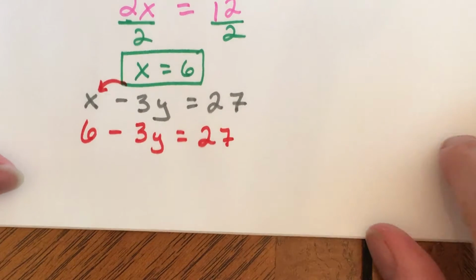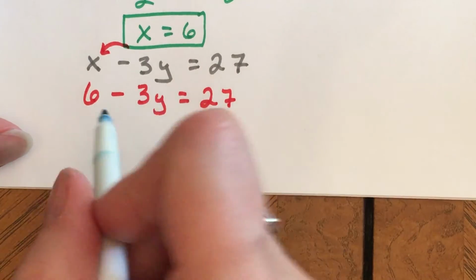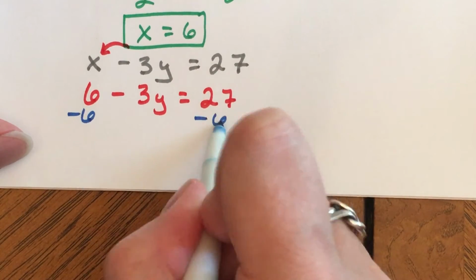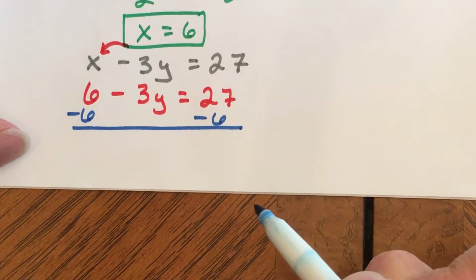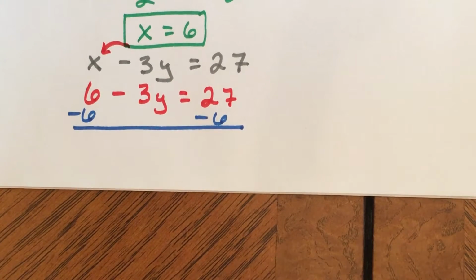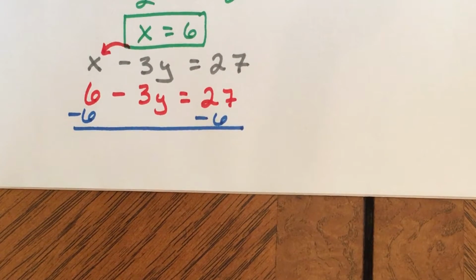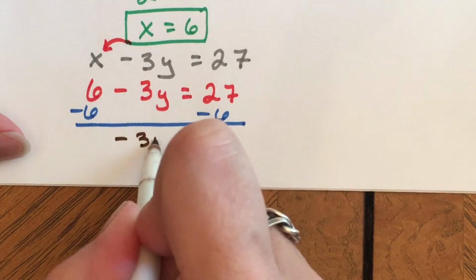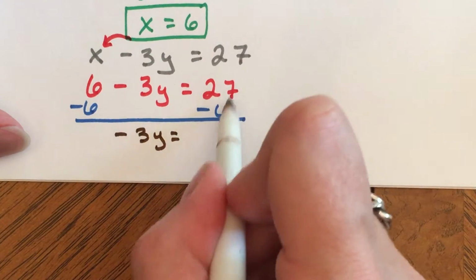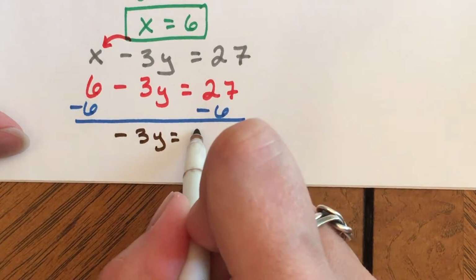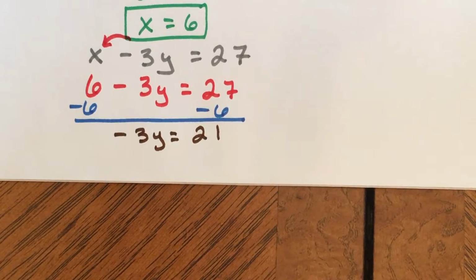Let's go solve for y. Subtract 6 on both sides. Negative 3y equals, what is 27 minus 6? Yeah, it's 21.